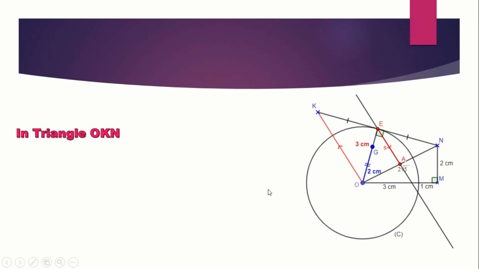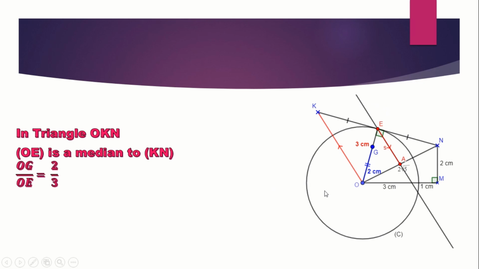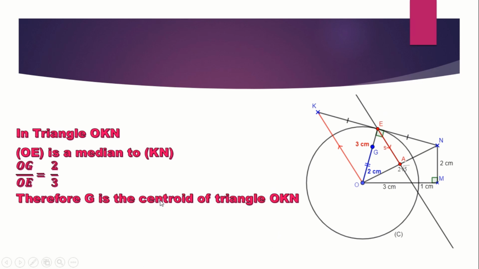Okay, so here we can say that in triangle OKN we have the median OE, which is median to KN. We also have the ratio OG over OE is 2 over 3. Therefore, we can directly say that G is the centroid of this triangle.